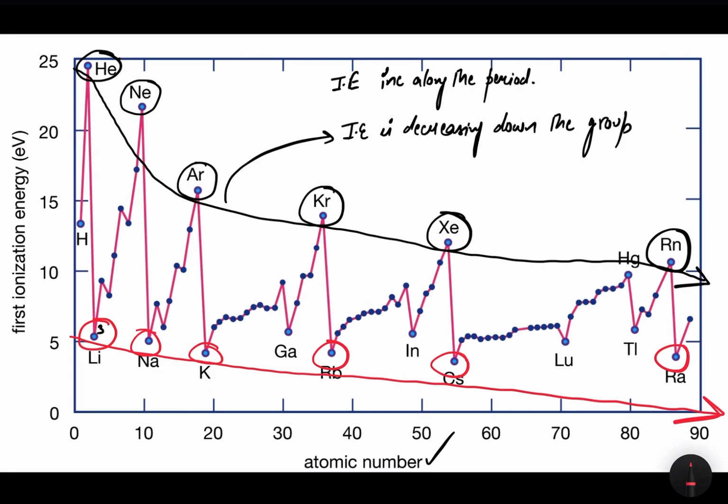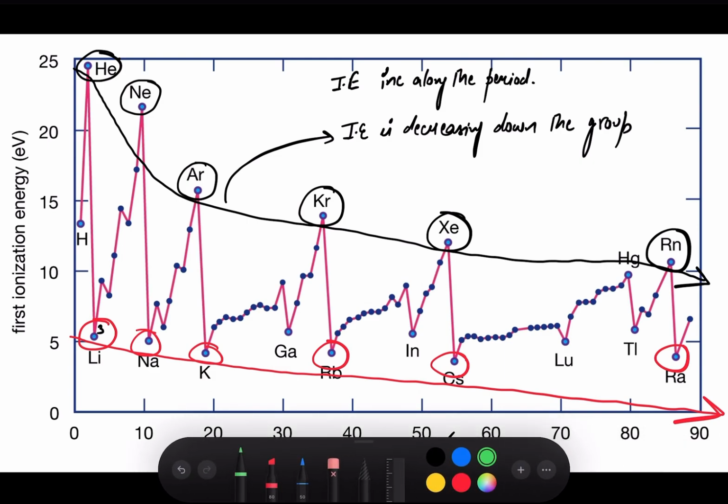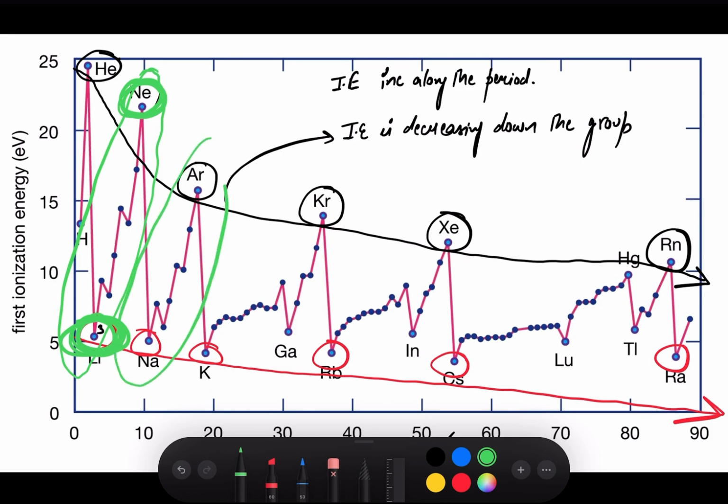In case of any period, let me mark this period. This is the period in which the maximum value is for the noble gas, and the minimum value is for the alkali metal. Let me take another example, the period number 3.